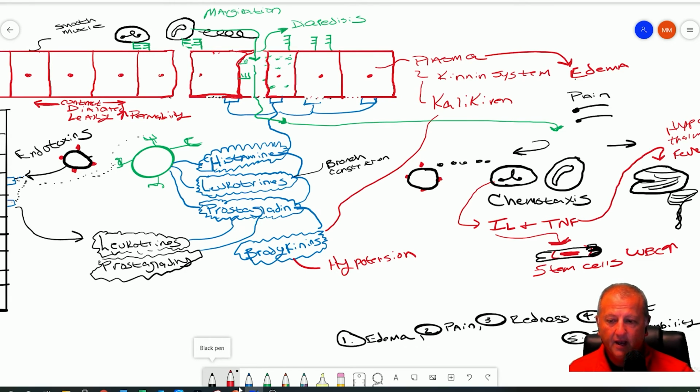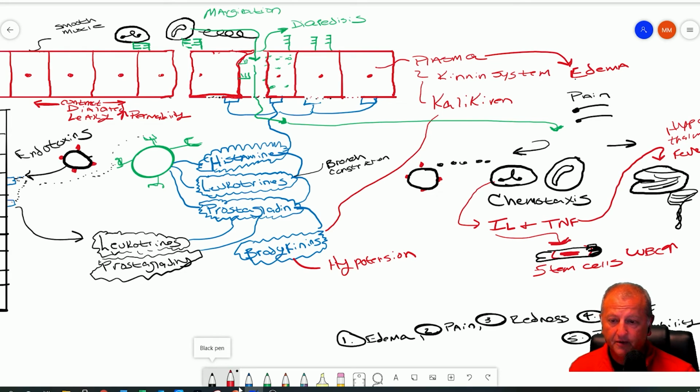All right. So we have a pathogen, antigens on top, releasing endotoxins. Endotoxins are picked up here by these skin cells. This is a pathogen that does activate an immune response. We have a mast cell here.